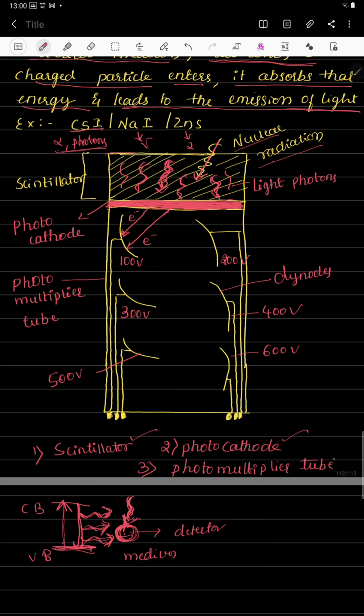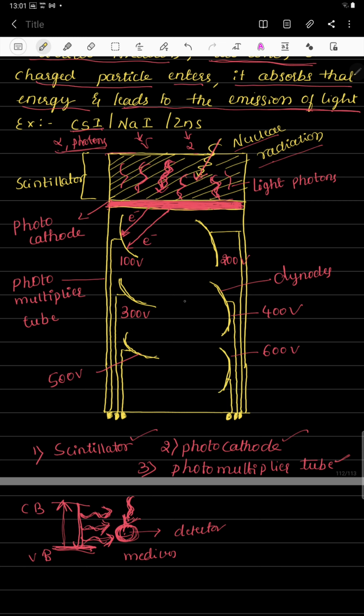The photomultiplier tube consists of a number of electrodes, and their surface is made curved.